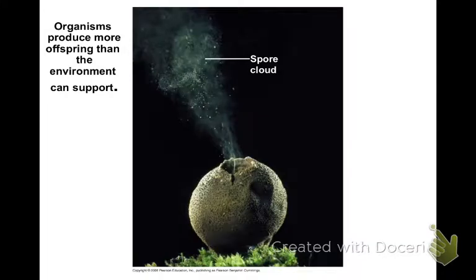Okay. The second thing that he also noticed was that organisms produce more offspring than the environment can support. Now this is actually a fungus, okay, and if you notice the spray of cloud or dust that you see, it is not dust at all. It is actually spores.